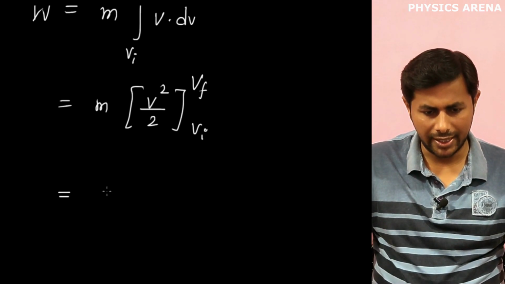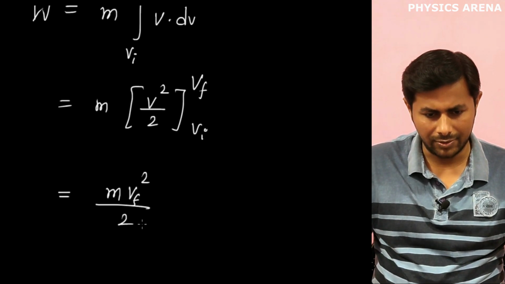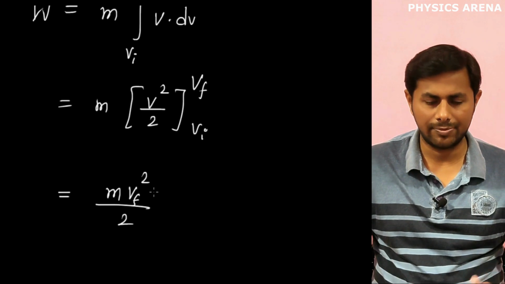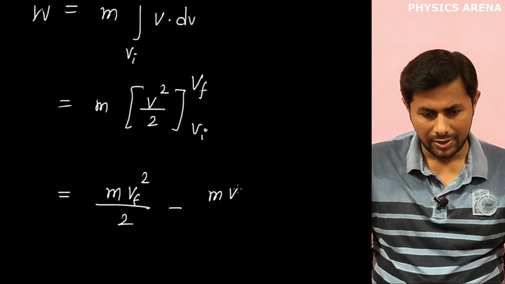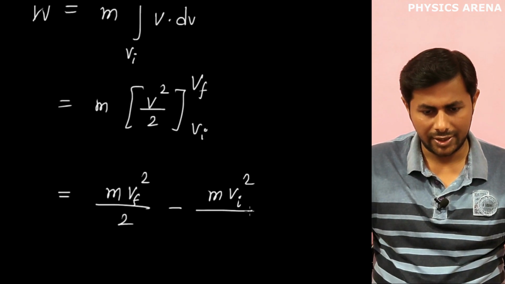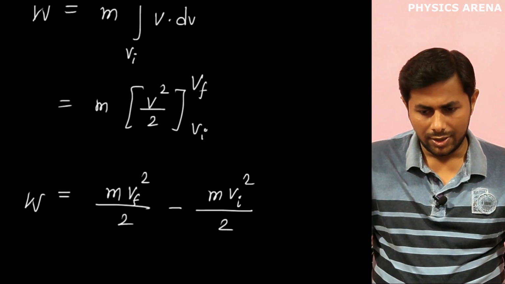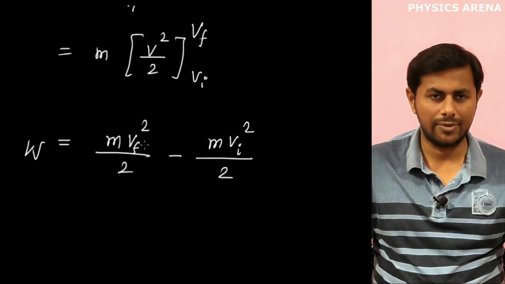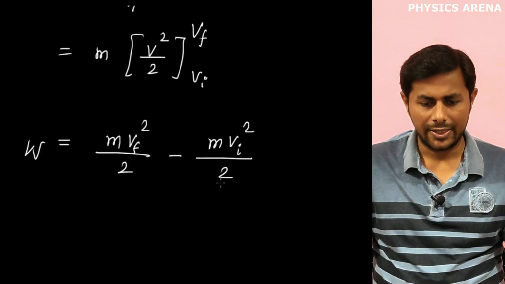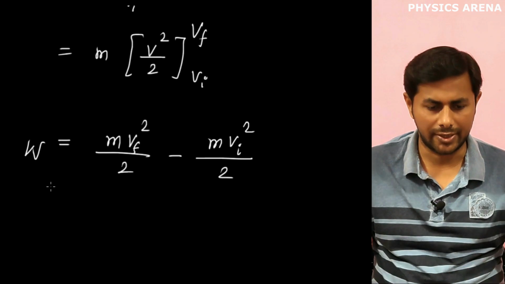So substituting that, we get m times vf squared divided by 2, so m times final speed squared divided by 2 minus m times initial speed squared divided by 2, substituting the lower limit. So now this is nothing but the final kinetic energy, and this term is nothing but the initial kinetic energy of the object.